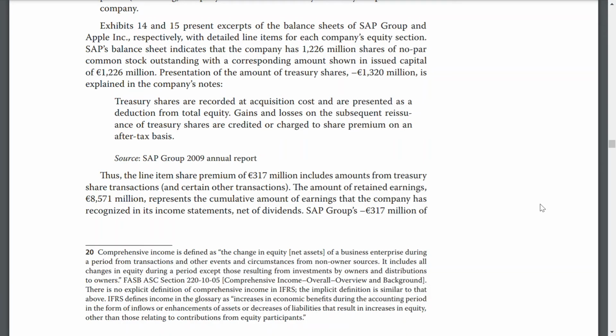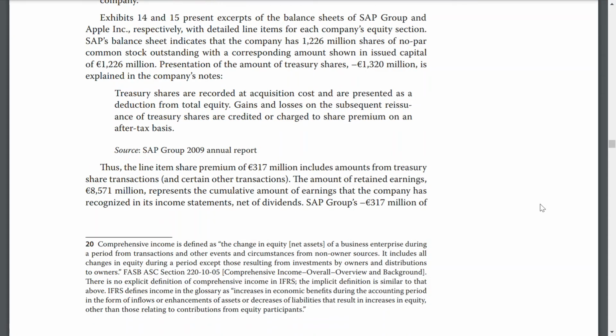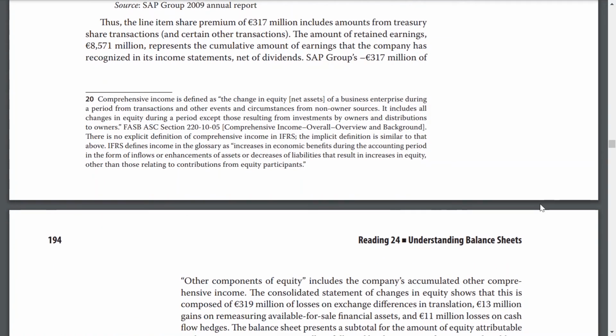Treasury shares are recorded at acquisition cost and are presented as a deduction from total equity. Gains and losses on the subsequent reissuance of treasury shares are credited or charged to share premium on an after-tax basis. Thus, the line item share premium of 370 million includes amounts from treasury share transactions.